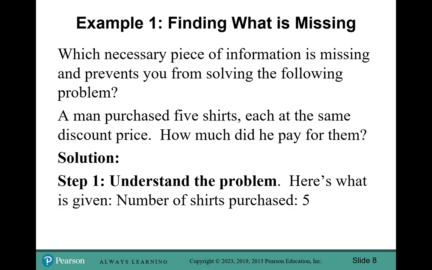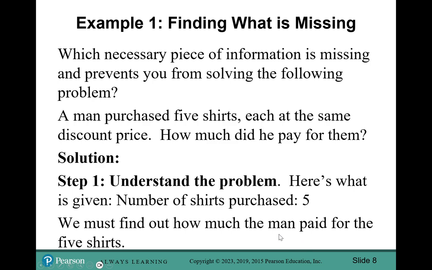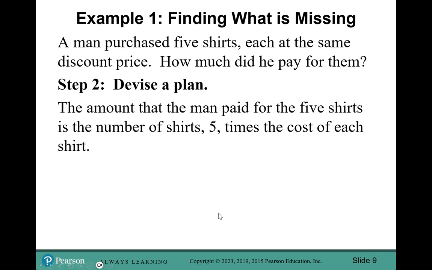Solution. Step 1, we need to understand this problem. Here's what's given. The number of shirts purchased is 5. We must find out how much the man paid for the 5 shirts. Because the man purchased 5 shirts, they were each at the same discount price, and we want to know how much he paid for them. We understand that problem.